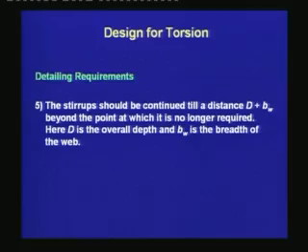This requirement has also come from the space truss analogy, that after the concrete forms struts and the steel bars form the ties tying the concrete struts, the stresses that we calculate at one particular section are in fact shifted due to the formation of the struts, and based on this reason it is recommended that the stirrups have to be continued beyond the point of calculation by a distance d plus bw.